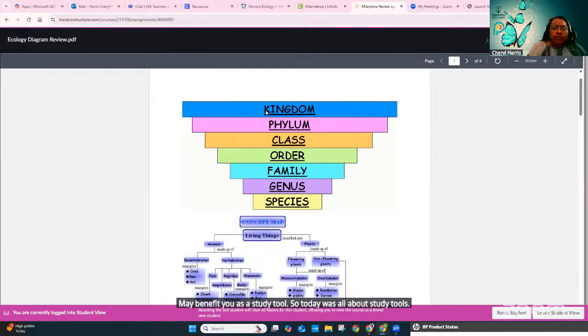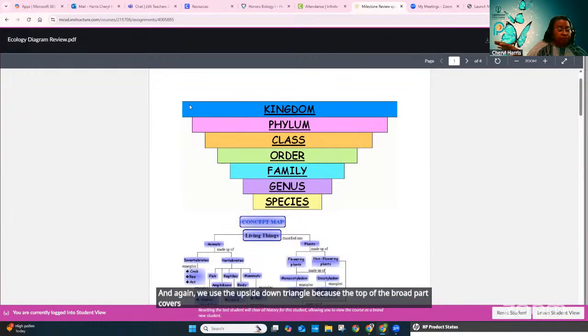All right, so the first one we've talked about, this is our taxonomy unit of classification of living things according to taxonomy. And again, we use the upside down triangle because the broad part covers the most organisms. So it covers everything.